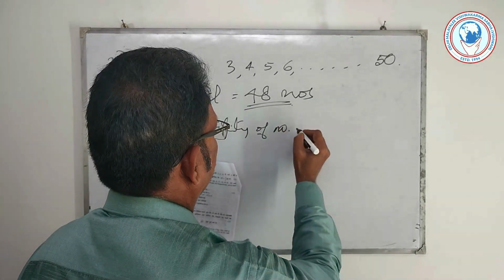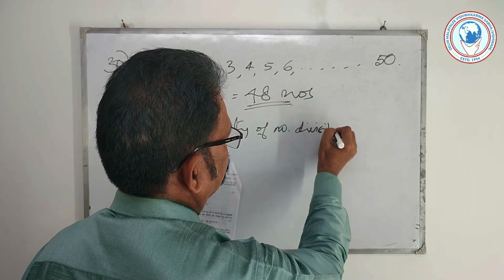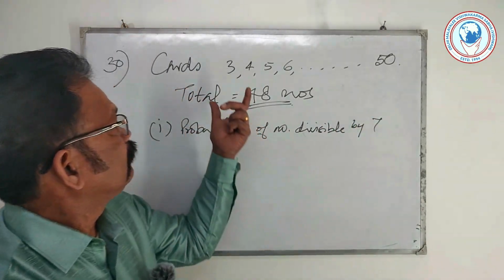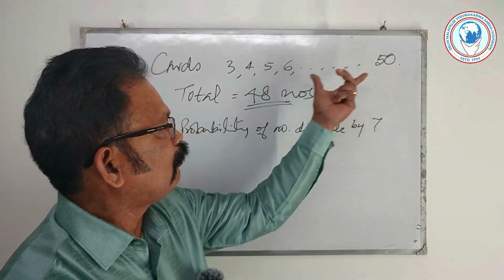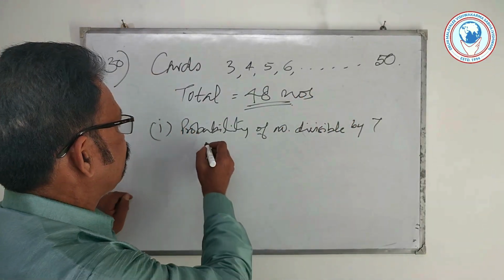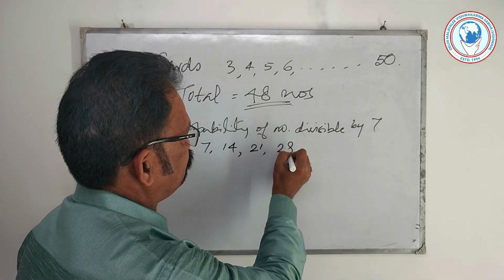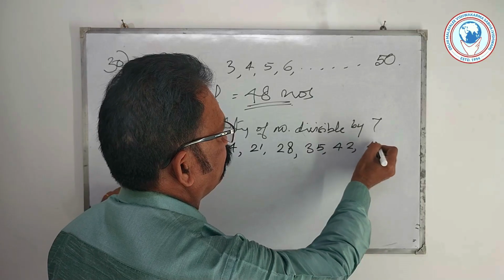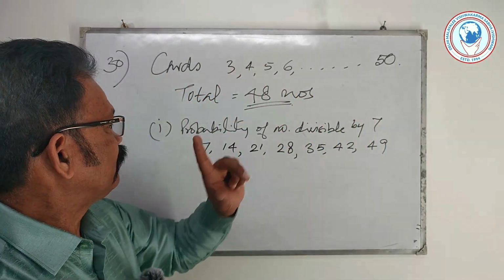Probability of number divisible by 7. Out of 3, 4, 5, 6, etc. up to 50, how many numbers are divisible by 7? First we see what they are. The numbers are 7, 14, 21, 28, 35, 42 and 49. These are the numbers divisible by 7 out of the given numbers.